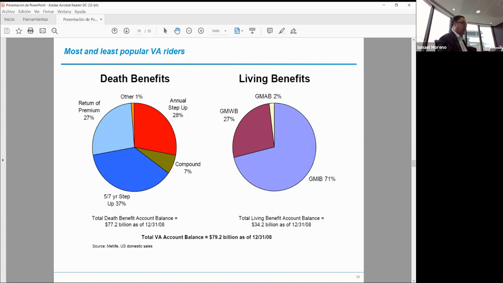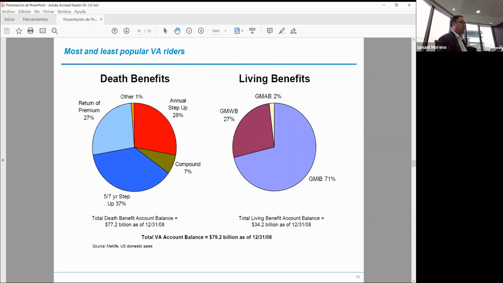Those were the days. Now the most popular death benefit rider is the return of premium, which is second or third in this chart that was back in the 2000s, so a million years ago, or so it would seem.